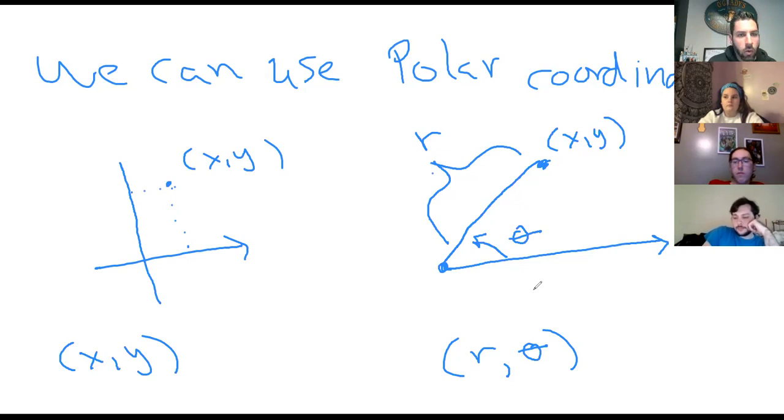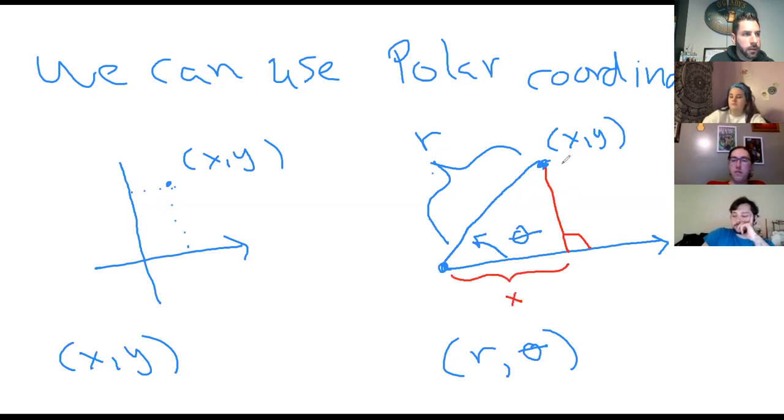So this is actually quite useful because then you get a nice relationship between X and Y. So if I switch colors for a second, and I draw some lines, if I draw this line down and make a right angle, I now have that this distance from here to here is X, and this distance from here to here is Y.